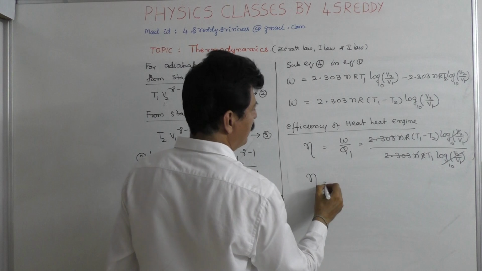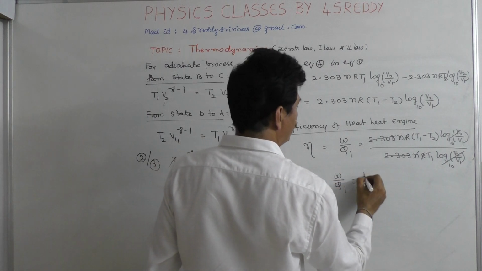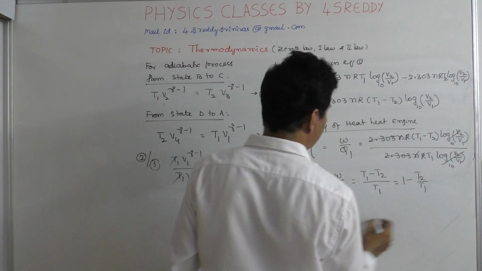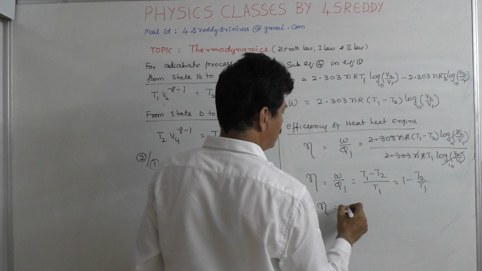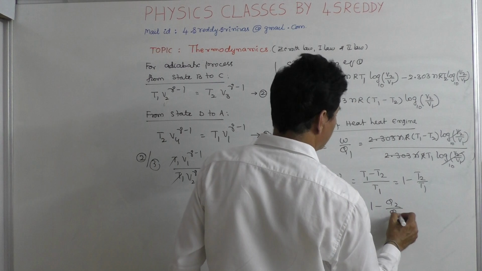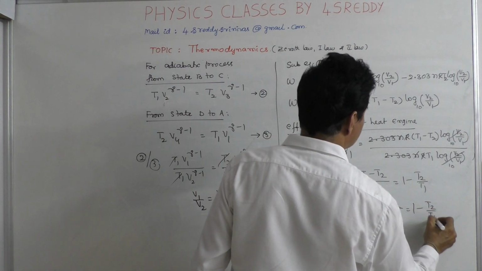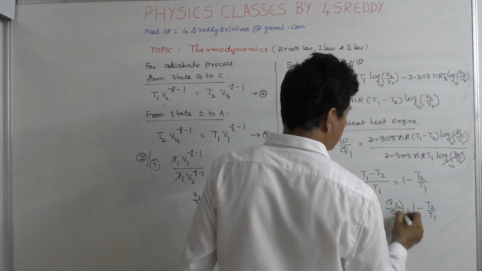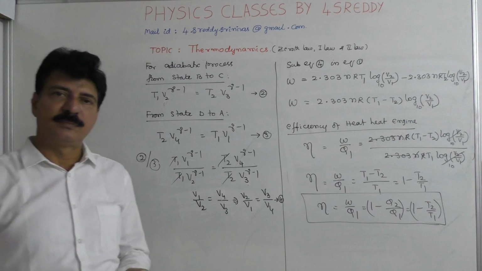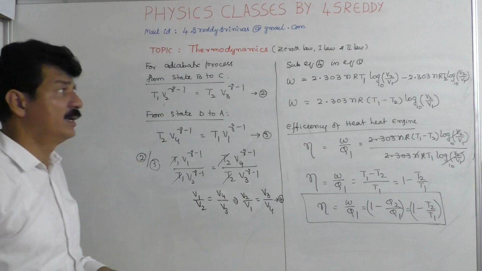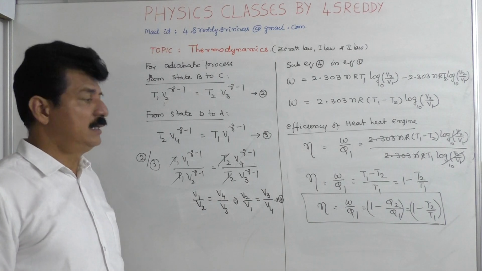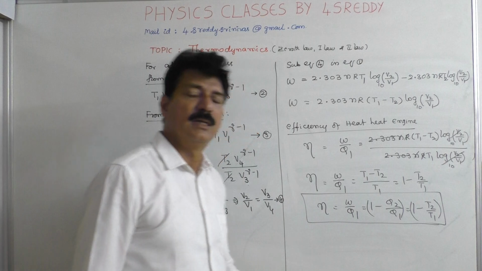So eta is given by W by Q1, which is (T1 minus T2) by T1, that is 1 minus T2 by T1. Therefore, W by Q1 is equal to 1 minus Q2 by Q1, which is also equal to 1 minus T2 by T1. These are the different forms for the Carnot cycle. This is how we derive the efficiency of the heat engine in terms of two different temperatures, T1 and T2.